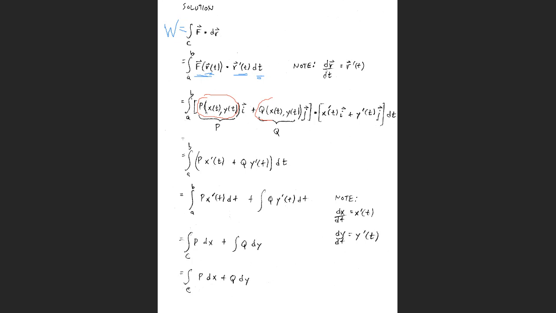The J component is the Q function, which is a function of x and y, which are functions of time. And then r prime of t is just x prime of t i plus y prime of t j. We're doing the dot product of those two vectors, and we get the integral of P times x prime of t plus Q times y prime of t.